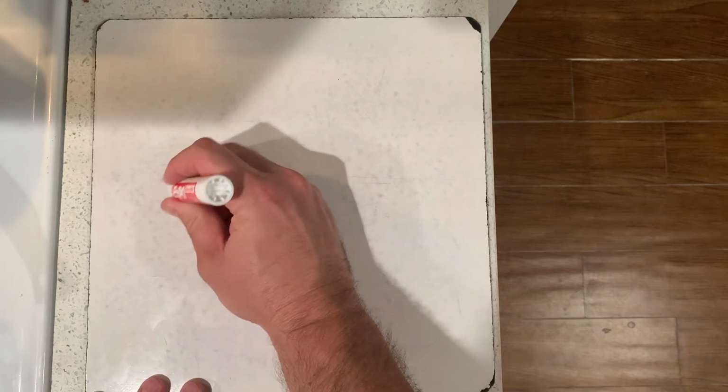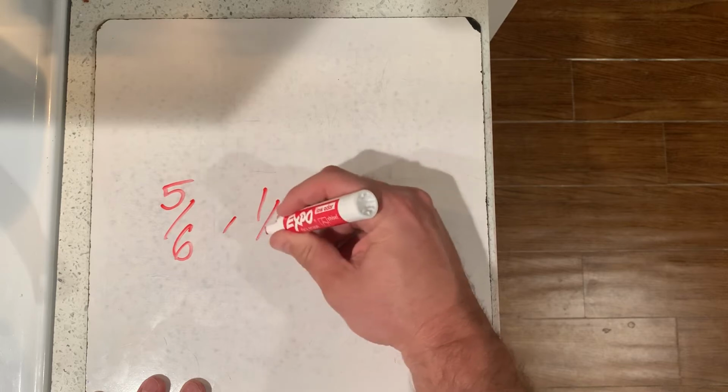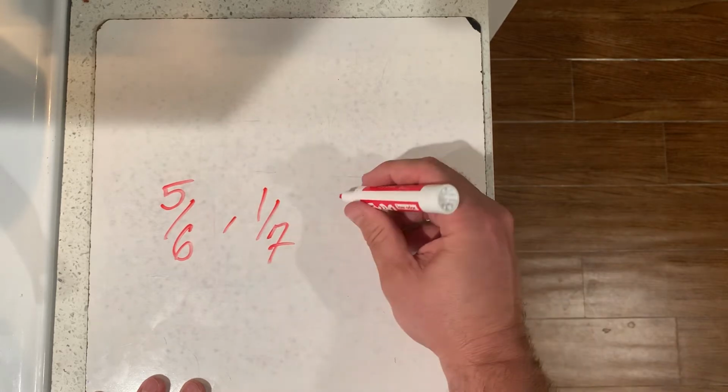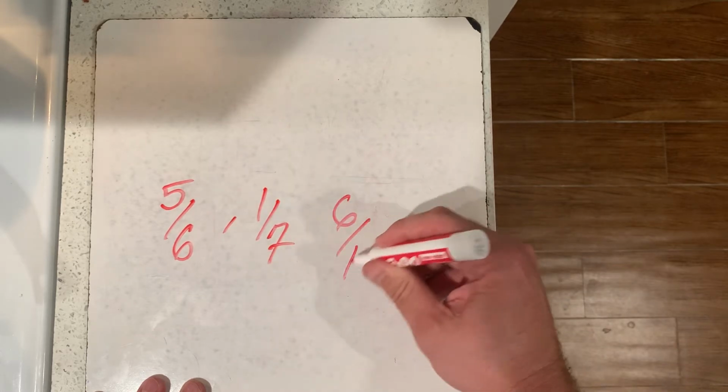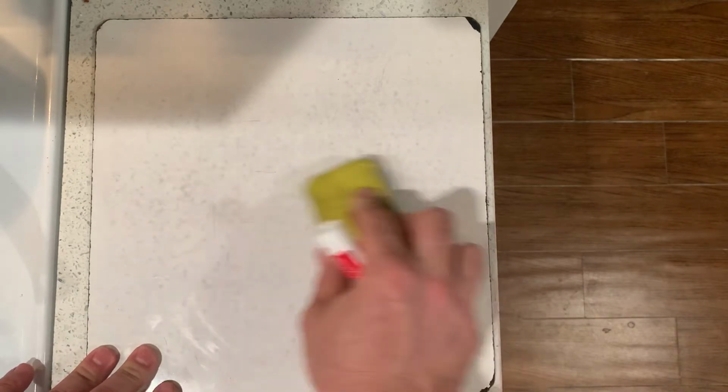So first thing is multiply fractions and whole numbers. We all know what a fraction is, right? Examples of a fraction would be 5/6, 1/7, 6/13. Those are all fractions. Everyone following along? Good. Next thing, a whole number.